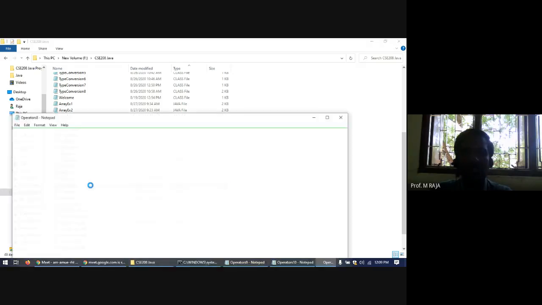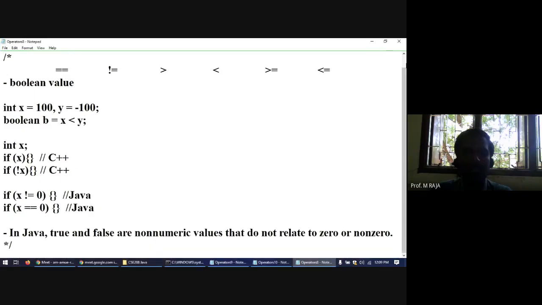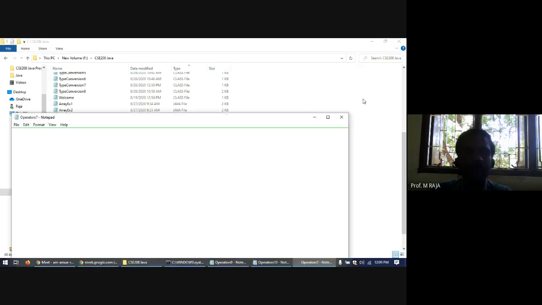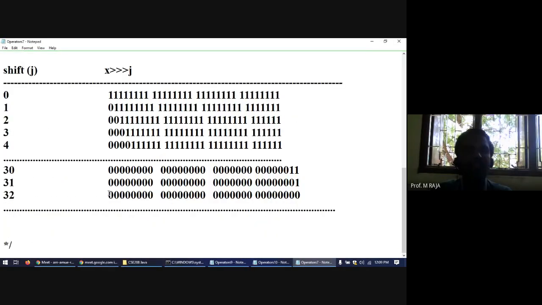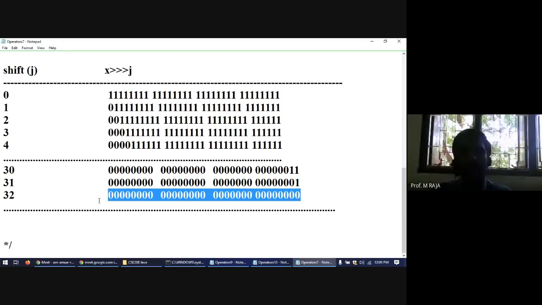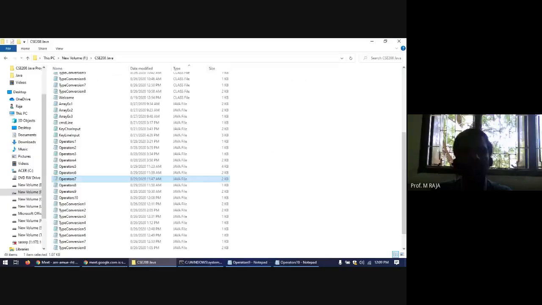I think not 8, sorry, 7.java. I raised one question: 32 bitwise unsigned right shift operation. How is this one changed to -1? You might have recalled that, but actually 0 is the answer. You need to answer this question.